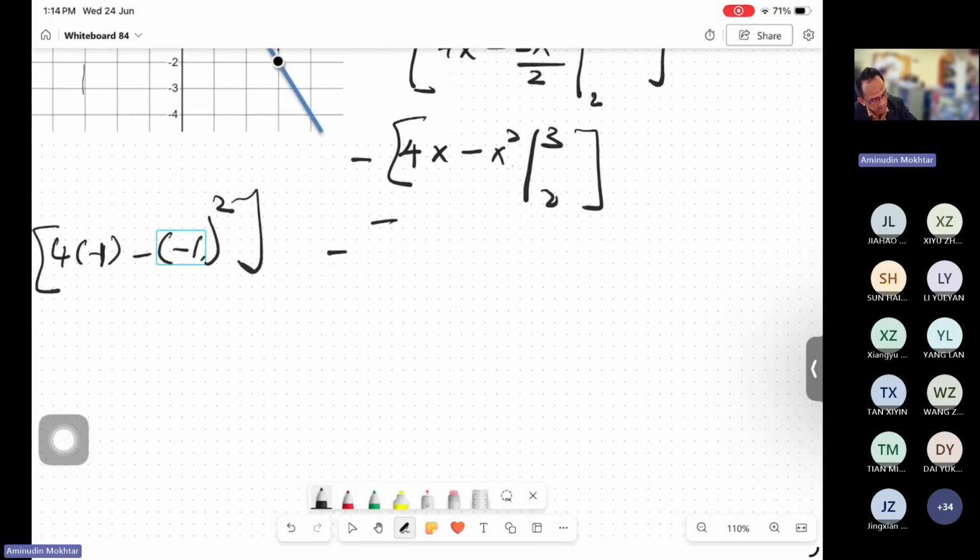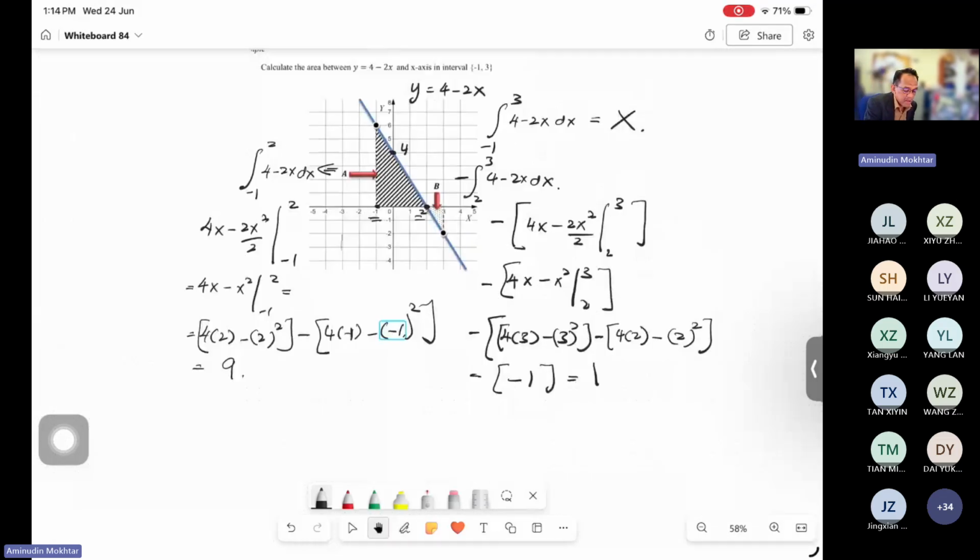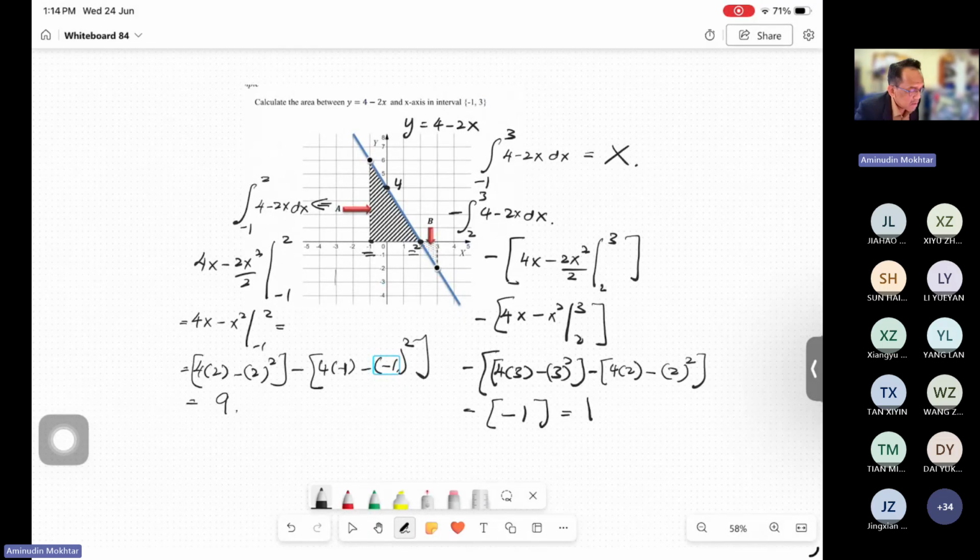So there is a negative of 4 times 3 minus 3 squared, minus 4 times 2 minus 2 squared. The inside is -1, and negative times negative is positive, so the answer is 1. So for area B, the answer is 1.